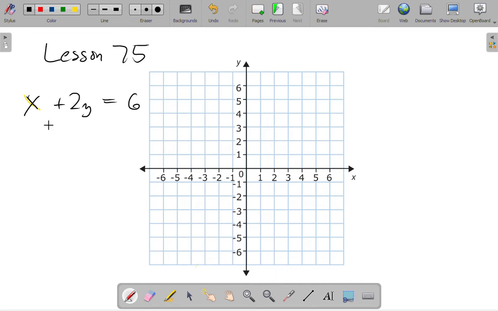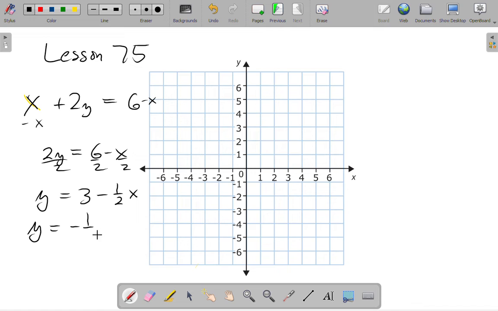So for example, this one. If I subtract x from both sides, and this is how we did it before, 2y equals 6 minus x, divide by 2, divide by 2, divide by 2. One thing we're going to have to get used to, though, is we're going to rewrite this with the x term first.